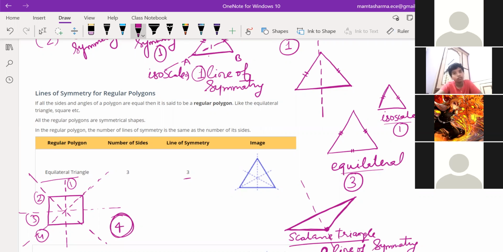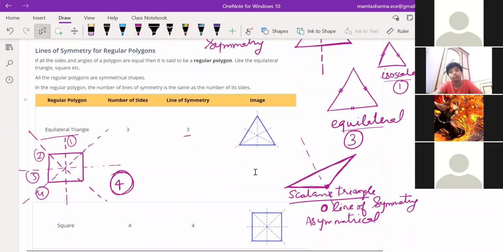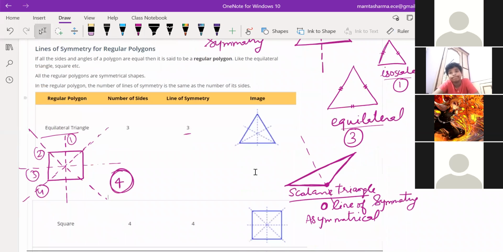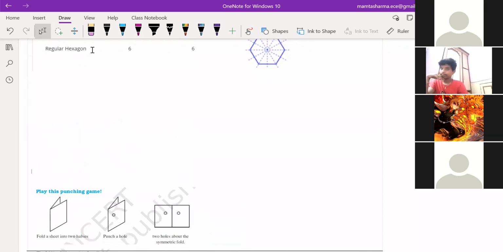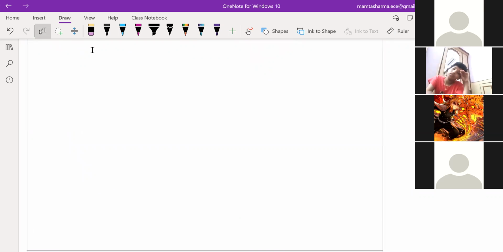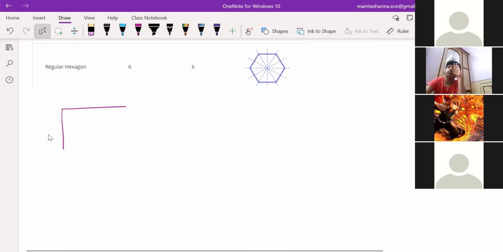Clear? Now my next question I would give to Chaitanya and Ritvik, Nimala. If I draw a rectangle, how many lines of symmetry would exist? Ma'am, you asked me, right? Yes, a rectangle. Ma'am, 4.